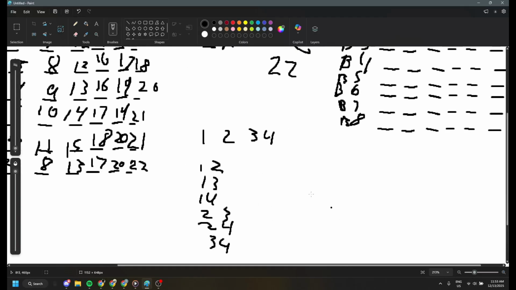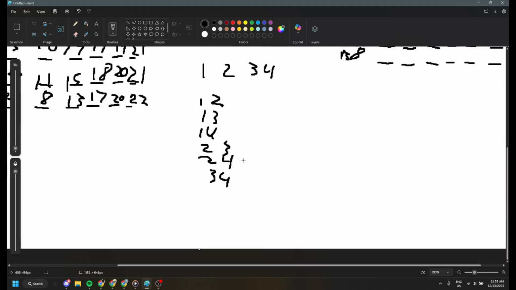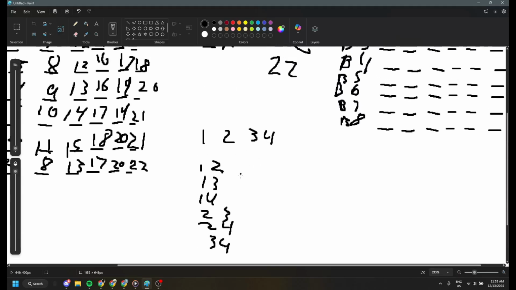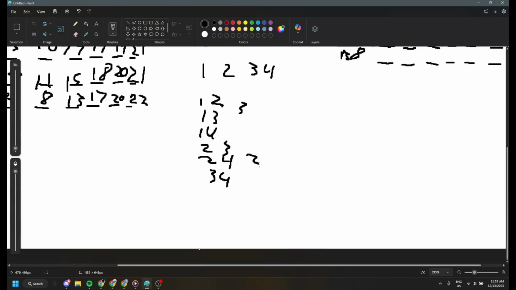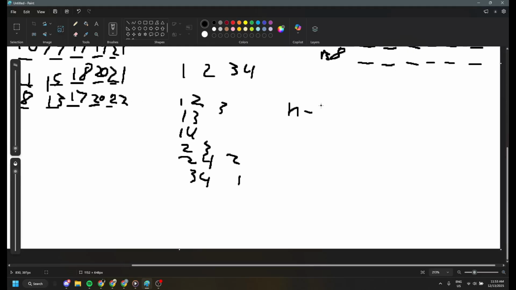With 5 we can do, what are we doing here? This is 3, this is 2, this is 1. So I think it's just n minus 1, the sum of numbers up to n minus 1. So n minus 1 times n over 2 is, okay, so we need that to equal 8.